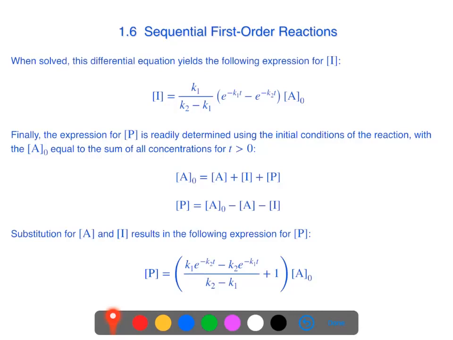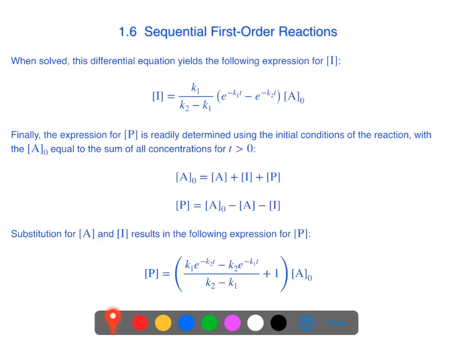So now the final expression that we need to come up with is with respect to the product concentration. So the expression for the concentration of the product can be determined using those same initial conditions of the reaction, with the concentration of A initially being equal to the sum of all the concentrations following t equals 0, so t greater than 0.